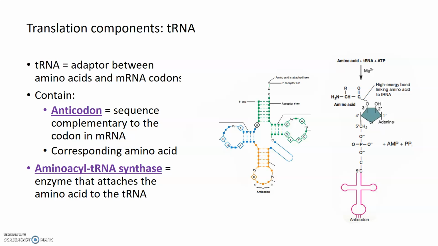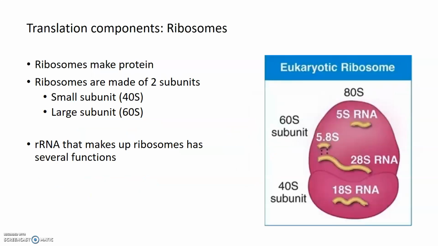And there's a special enzyme known as aminoacyl tRNA synthase that ensures that the anticodon on that tRNA and that tRNA has the correct amino acid attached to it. So aminoacyl tRNA synthase adds the amino acids to the tRNAs, and then the tRNAs can bring these amino acids to the ribosome and bind to the mRNA and help create the polypeptide.